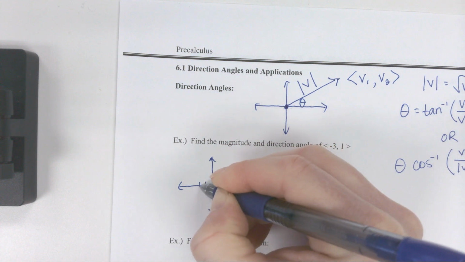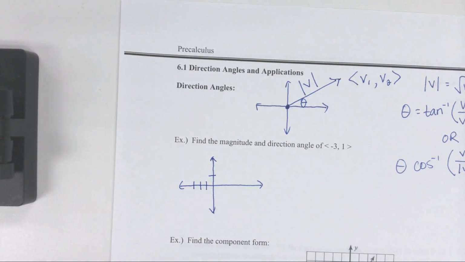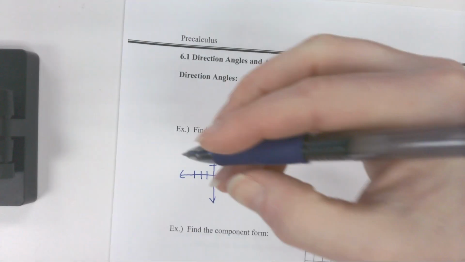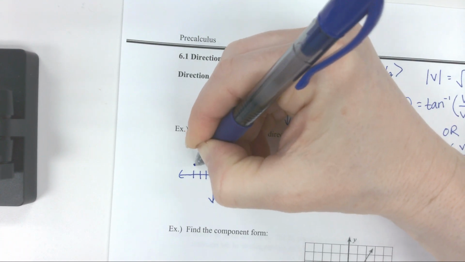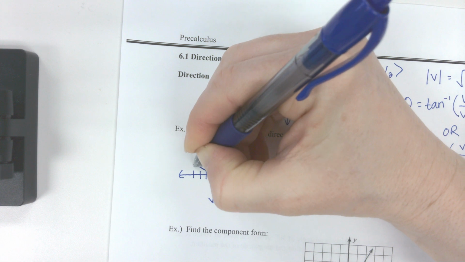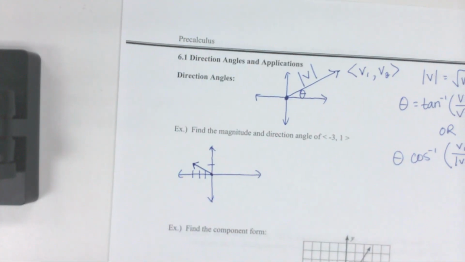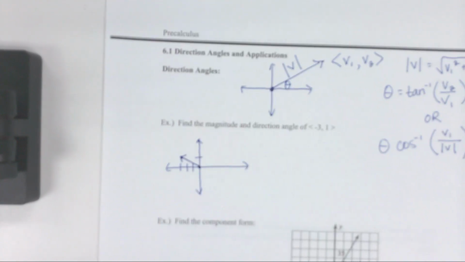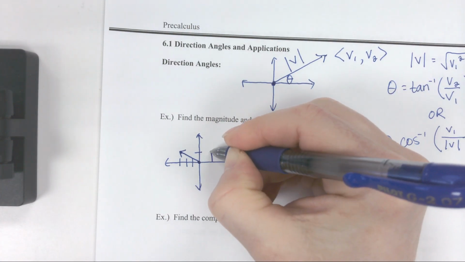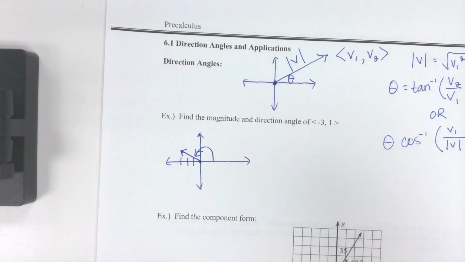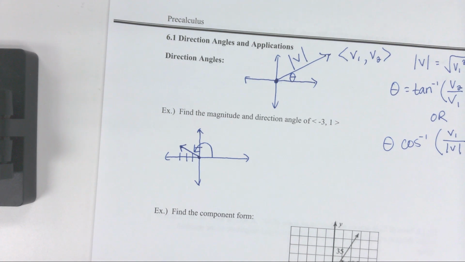So this vector starts at 0, 0 and ends at negative 3, 1, so it looks like this. Theta is the direction from the standard x-axis, like we start at 0, 0 and then rotate. So this is theta.